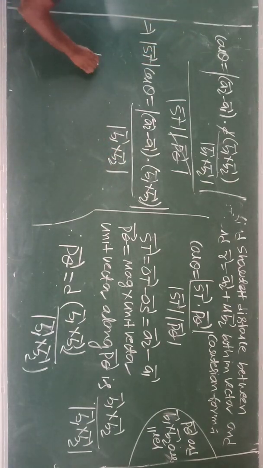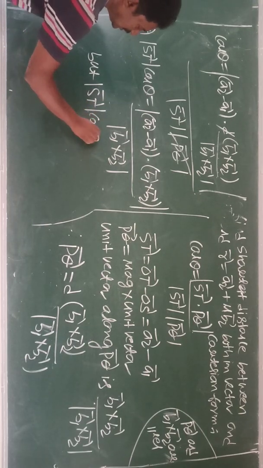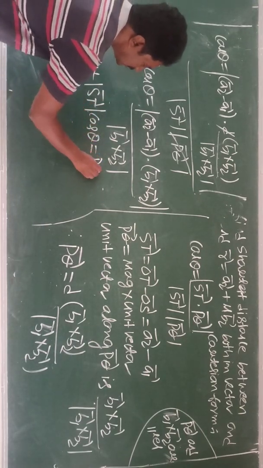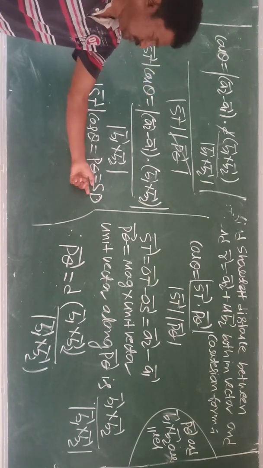But ST cos theta is nothing but PQ. PQ means the shortest distance.